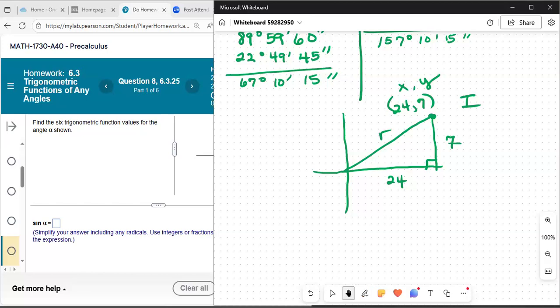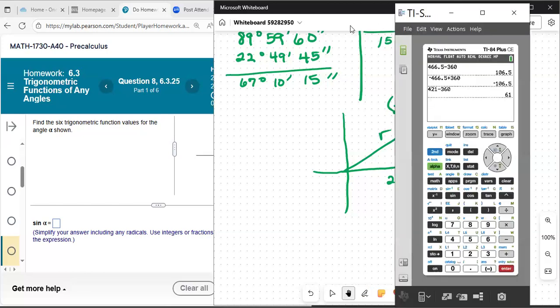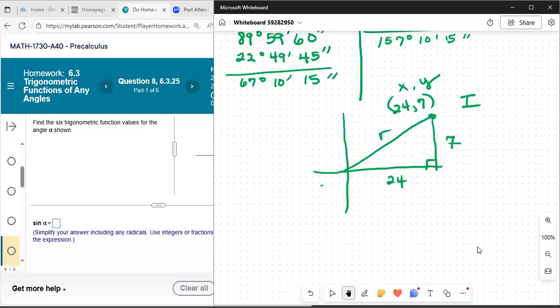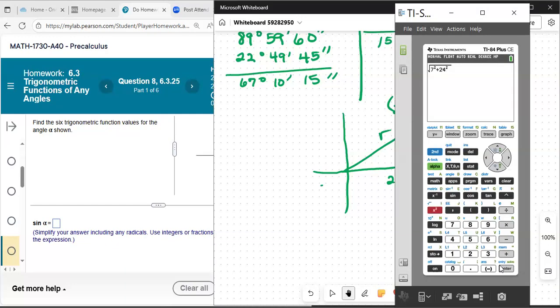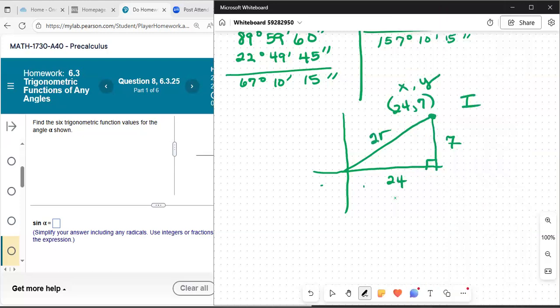Using the Pythagorean theorem, r is equal to the square root of 7 squared plus 24 squared, and that's 25. And now we can find the value of the 6 trigonometric functions.